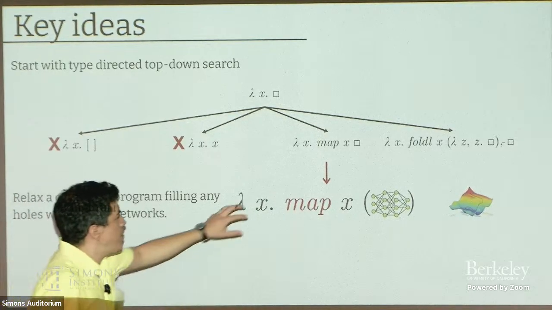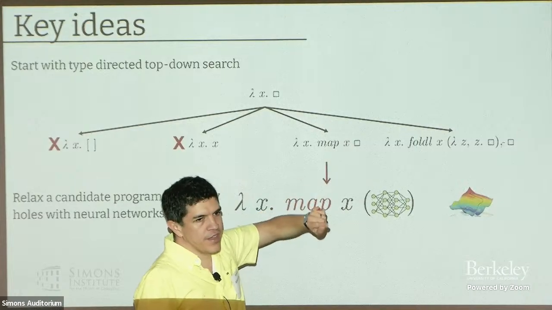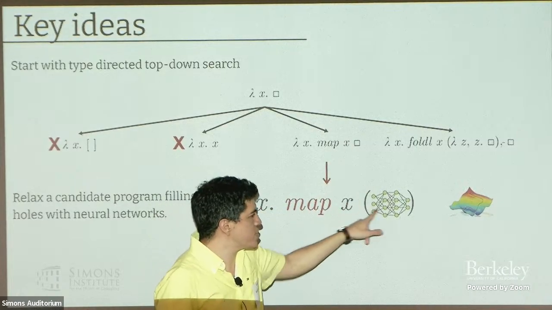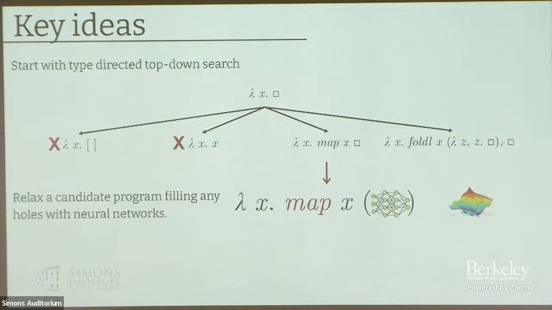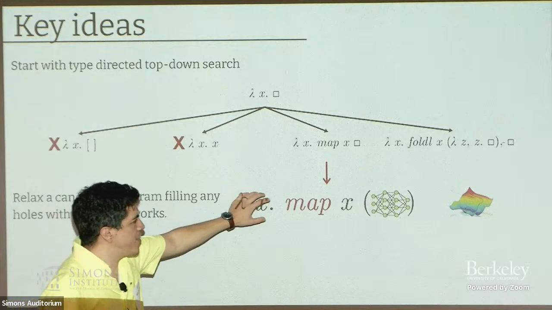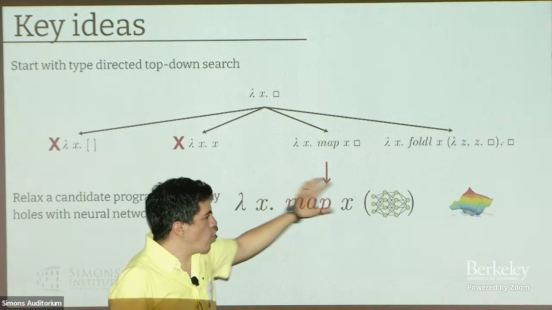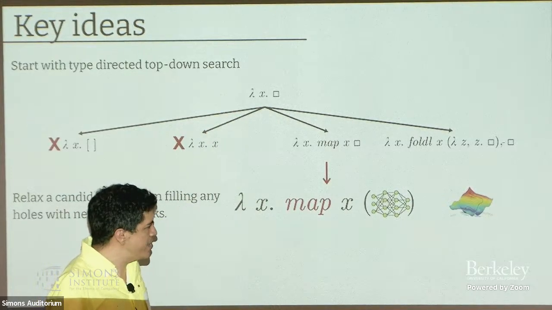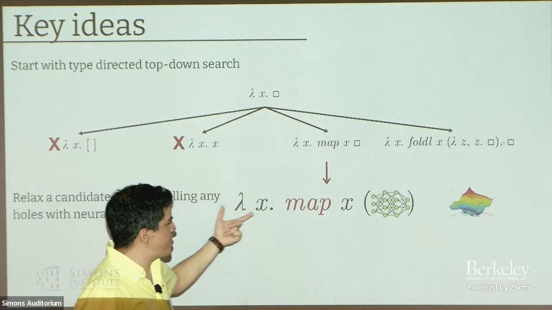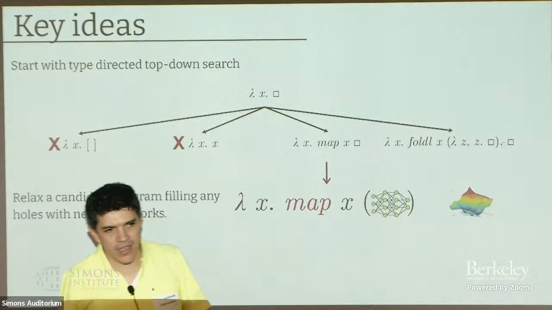And any time there's a hole in this program, we're going to plug that hole in with a neural network, right? So after we do this, we can actually then train this whole thing end to end with all the data, all the examples we had, to try to make this as good as it can possibly be.